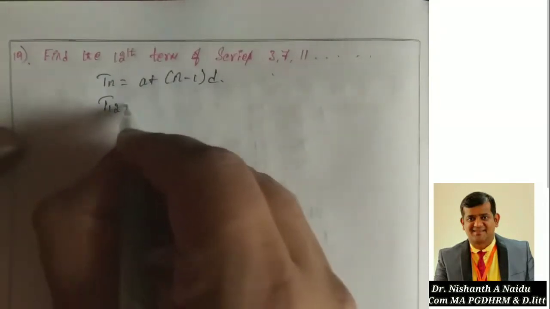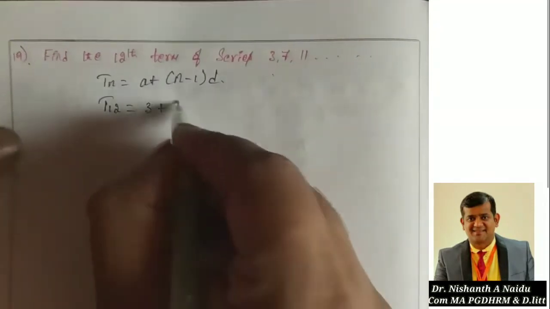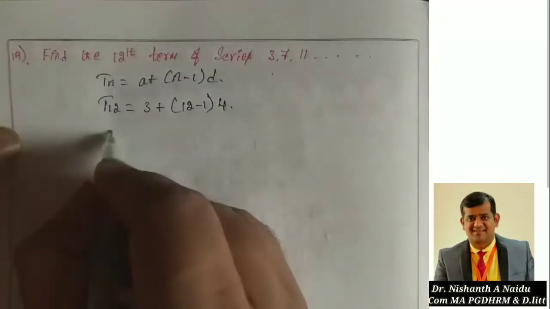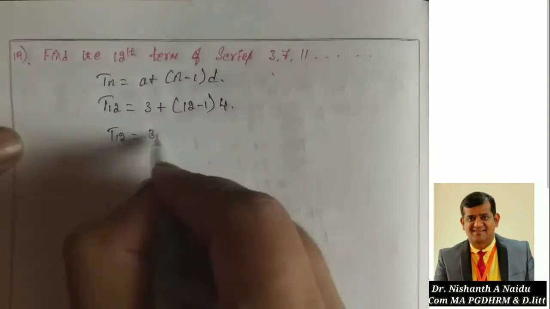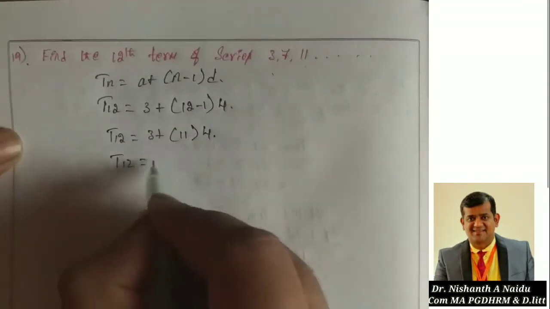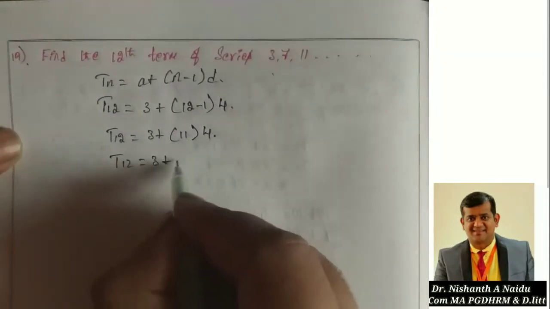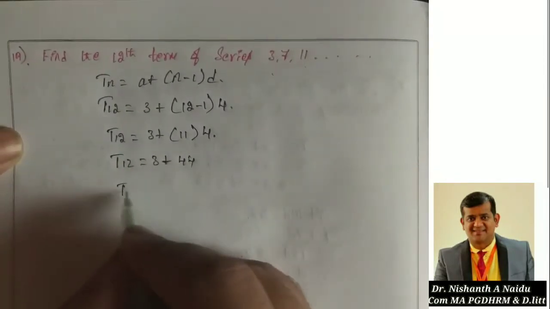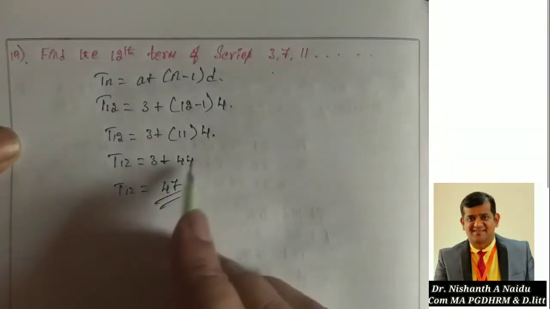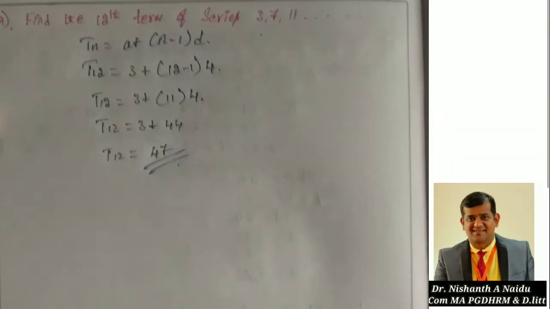T12 equals 3 plus 12 minus 1 into D, D is 4. So T12 equals 3 plus 11 into 4. That is 3 plus 11, 4s are 44. So T12 equals 47. 44 plus 3, 47.